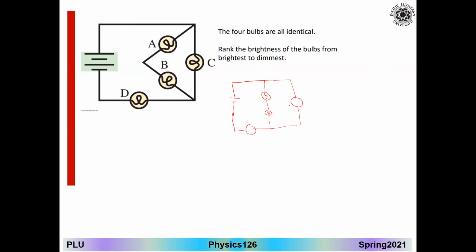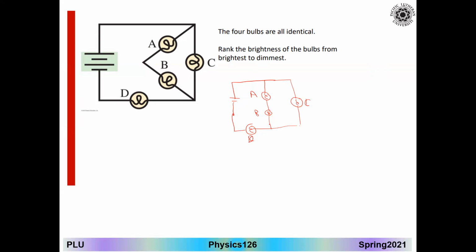So this one is the light bulb. Again, the light bulbs, all of them are identical, unless they mention something different. Otherwise, we assume the light bulbs are the same resistors. That's what I mean by identical.